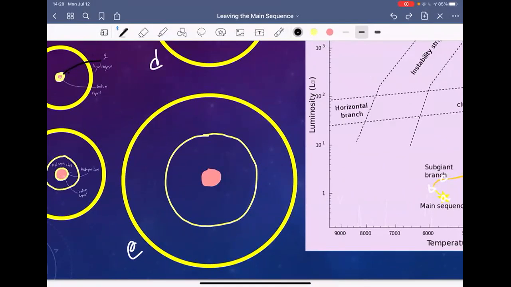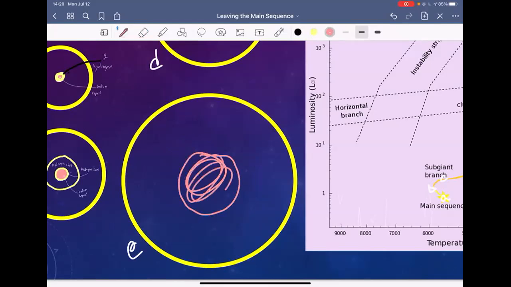But eventually we're going to run out of hydrogen. This helium core gets really big, maybe about this big, but even though it's this big, there isn't enough mass there to start fusing carbon. So that carbon core is going to be right here in the center.